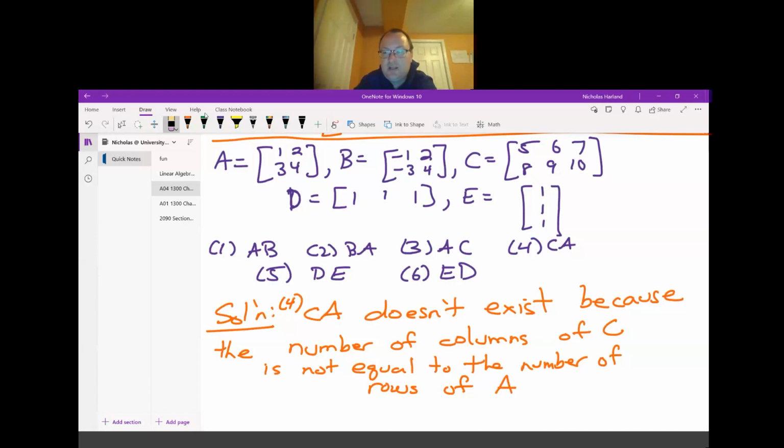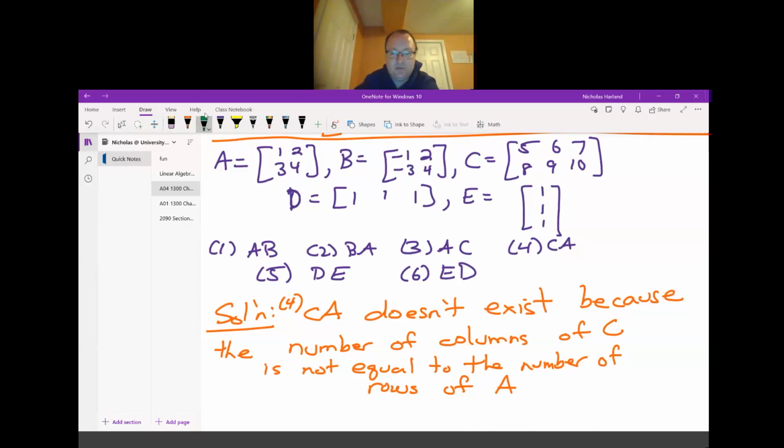So making sure to get this statement in here is important, not just that it doesn't exist, but exactly why it doesn't exist. In order for multiplication to even be defined, we need the number of rows of the first matrix to match the number of columns of the second.